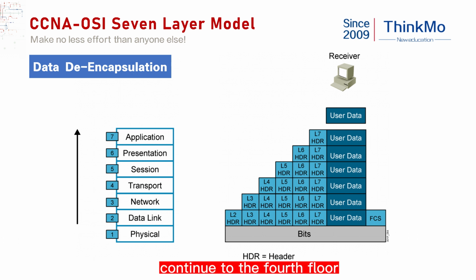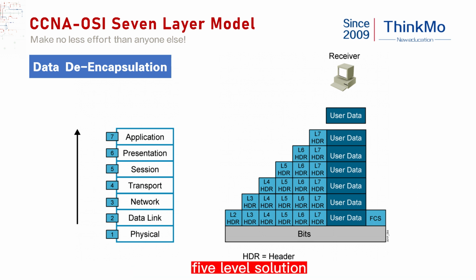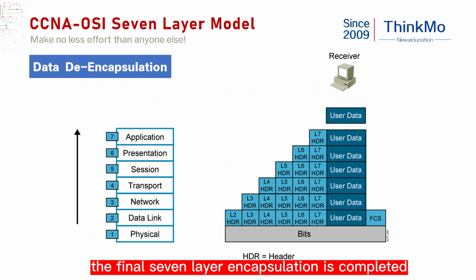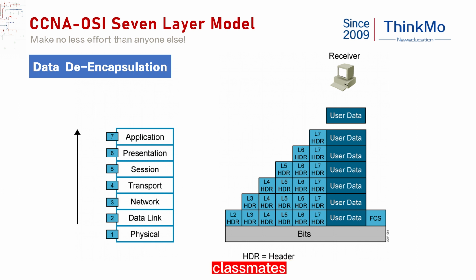Continue to the fourth layer. Remove the head of the fourth layer. Then layers 5, 6, and finally 7 are decapsulated. We can reveal the most original data content. Can you understand what I mean, classmates?